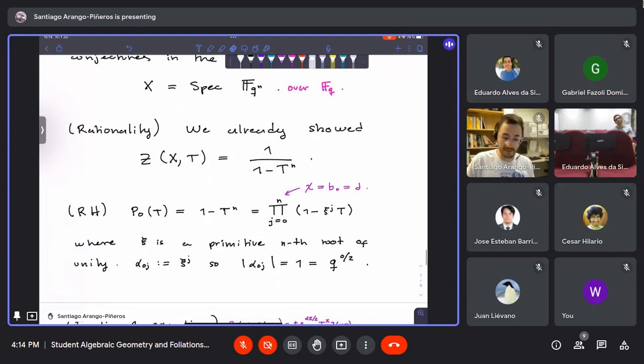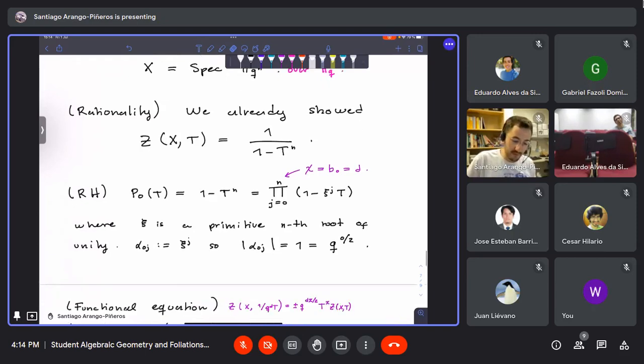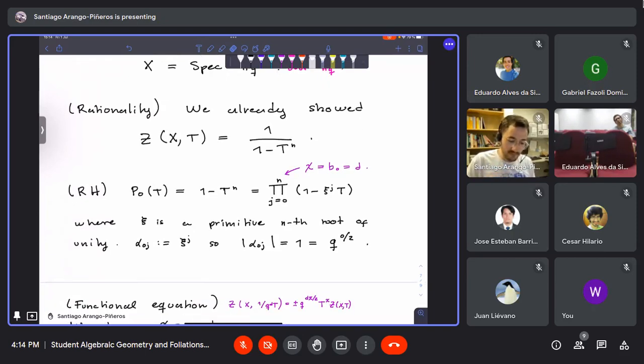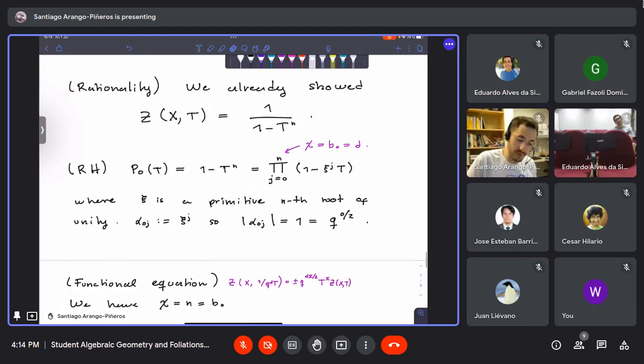This is the negative of, we can factor this polynomial very easily by taking a primitive n-th root of unity. So these roots, of course, satisfy the Riemann hypothesis, because if you take the size of the roots, this is 1, they all lie in the circle, which is the same thing as 0 over 2.